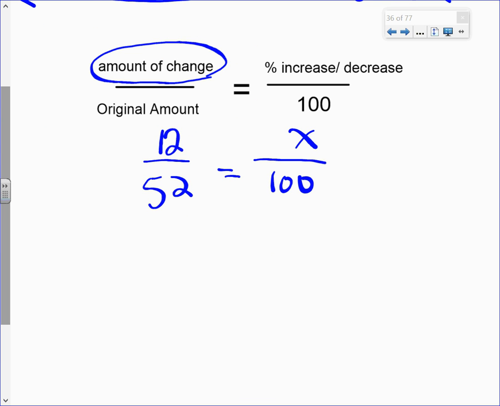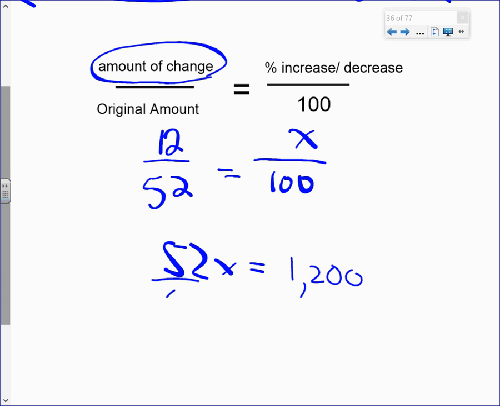52 times X is 52X. 12 times 100 is 1,200. Let's get X by itself.